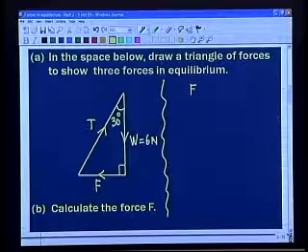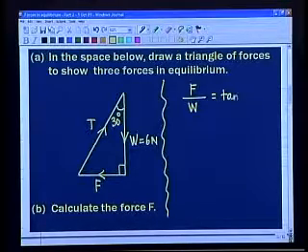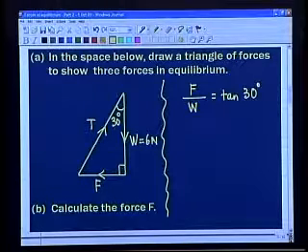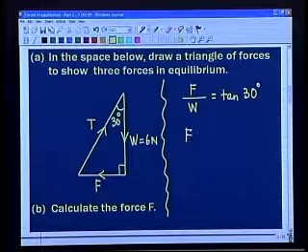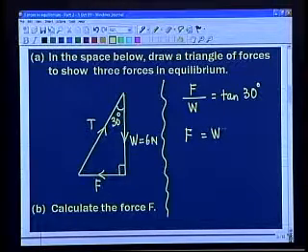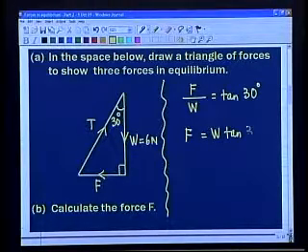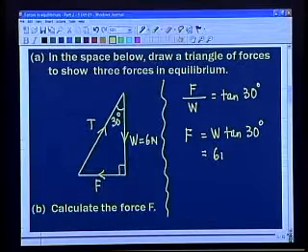So you can say that from the triangle, the force F divided by force W, opposite over adjacent, will give you tangent 30 degrees. Get it? So right now, F will give me W multiplied by tangent 30 degrees.